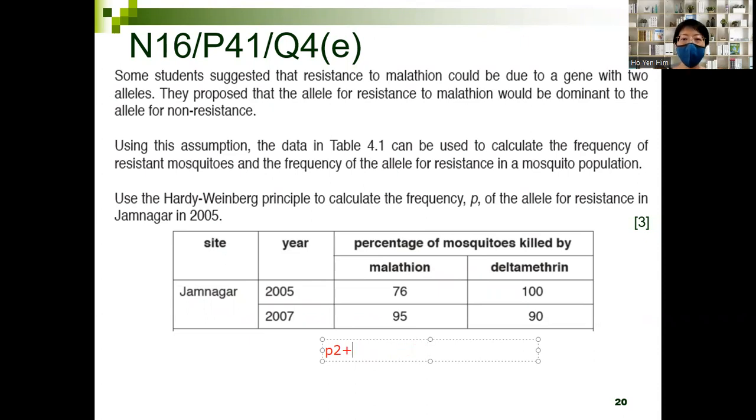Oh, no, I cannot use that one. I must use the 24%. Q squared equals 0.24, correct? I must start from here. So therefore, P equals 1 minus Q. That's how you find out, correct?